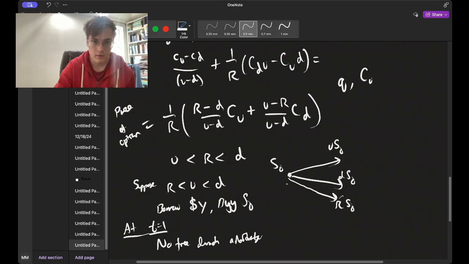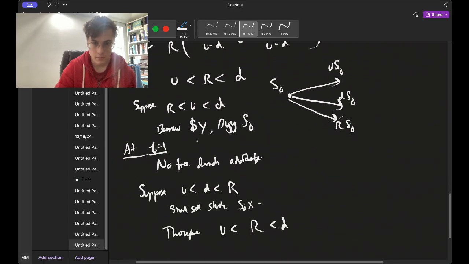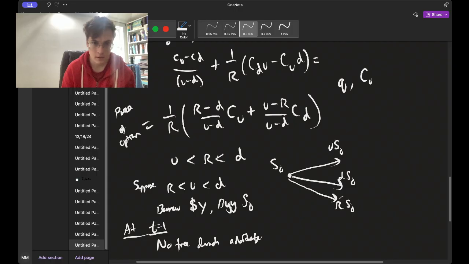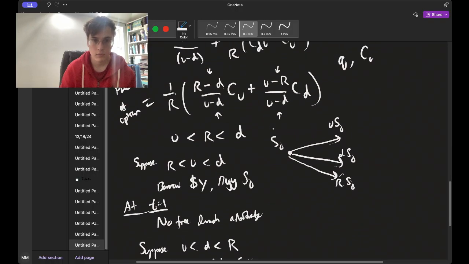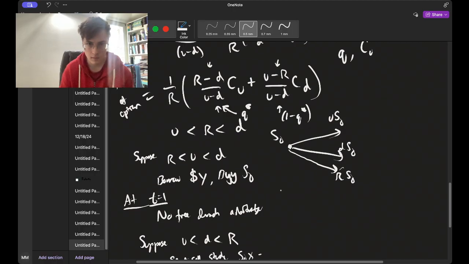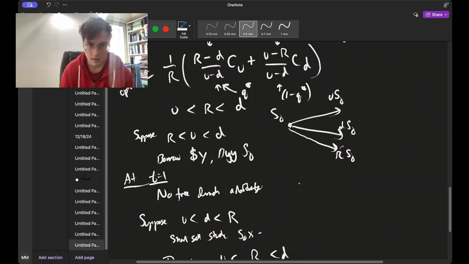So let me go back to this thing here. If R is between U and D, then this is positive. This is positive because U is bigger than D. This is positive, and this is positive. And let's call this Q star. So we have Q star is (R minus D) over (U minus D).